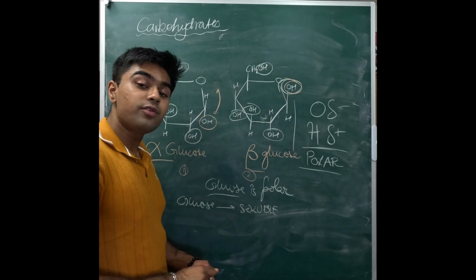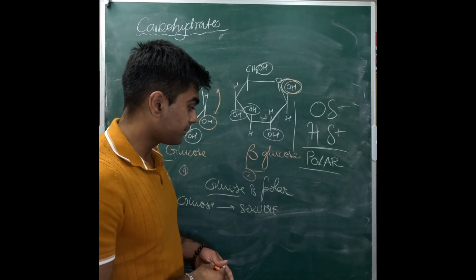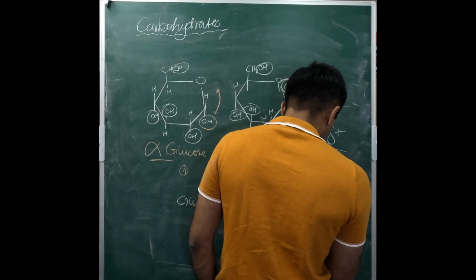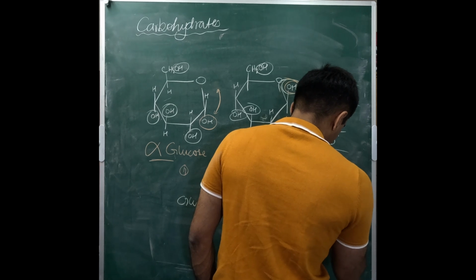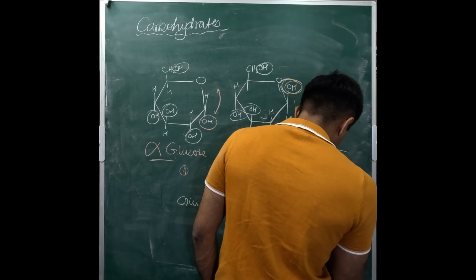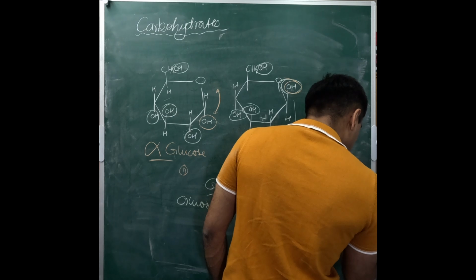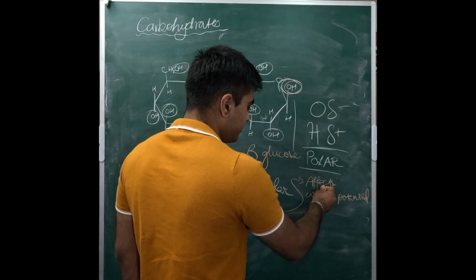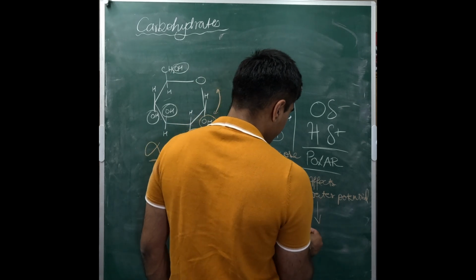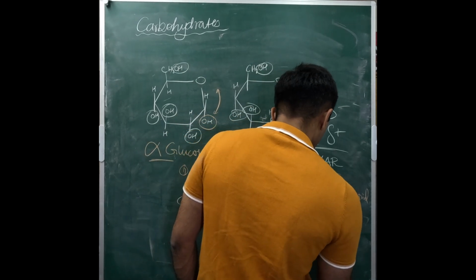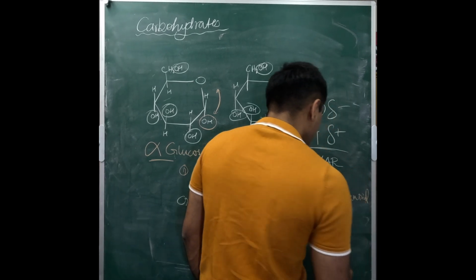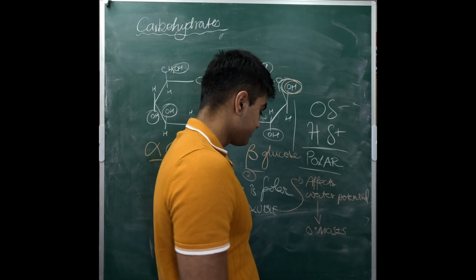And if glucose is soluble, what does that mean? Well, that means that it affects water potential. See, this water potential thing will come along everywhere. It'll sneak in, right? If it affects water potential, it affects osmosis. And if it affects osmosis, what's the problem here?